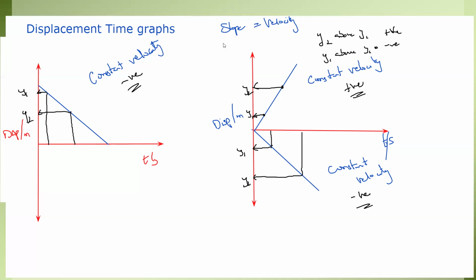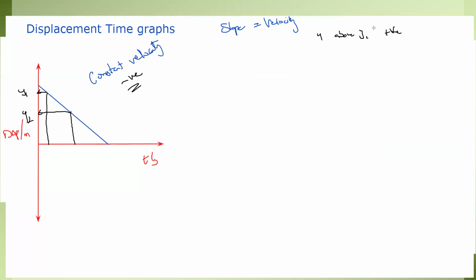But if I have the same graph, what is happening here? Look, this is an example.